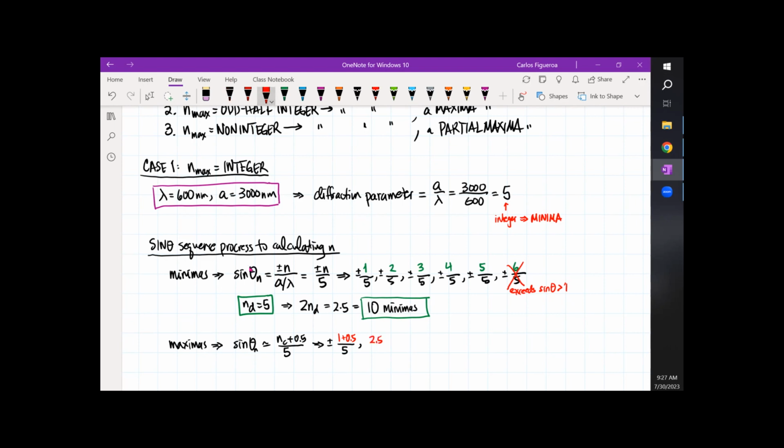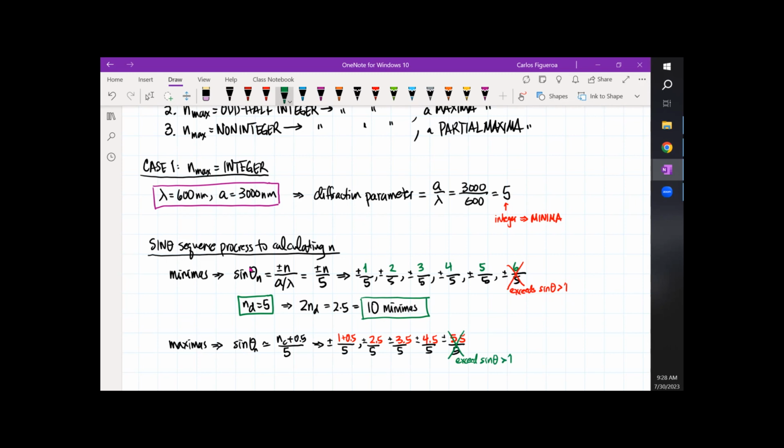And then I'm just going to start adding the 0.5 instead of writing it out separately. So this is going to be 2.5, 3.5, 4.5, 5.5. If I look at this sequence, you can see that at this point, it exceeds sine of theta equal to 1.